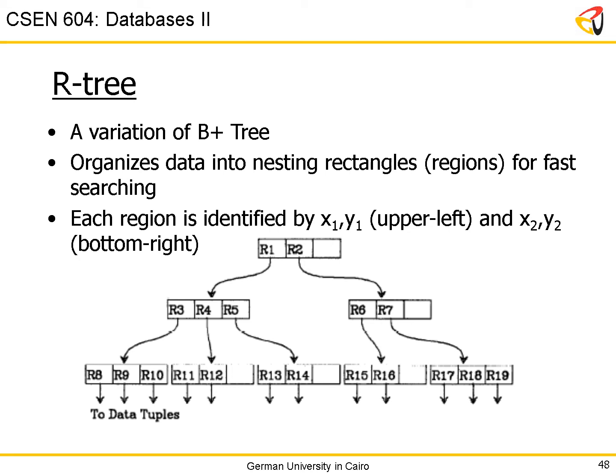And what we're actually going to look at here, which is the most common indexing data structure that exists in the spatial databases world, is the R-trees. Now, R stands for region, and this is nothing but a variation of B+ trees.